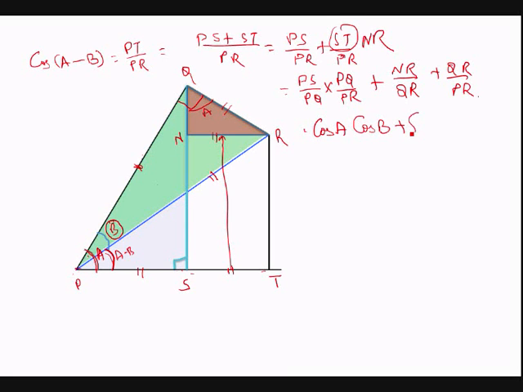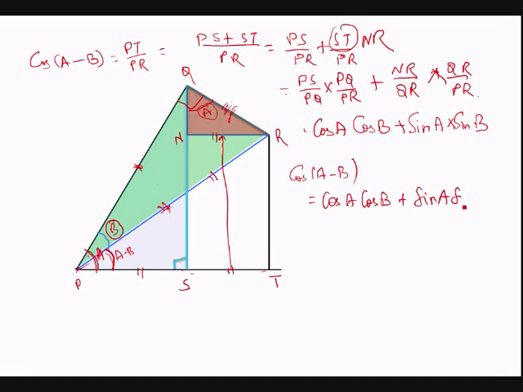Therefore, it is sine of angle A, times QR over PR, which is opposite over hypotenuse, which is sin B. Therefore, cos(A minus B) will be cos A cos B plus sin A sin B. This is the formula for finding cos(A minus B).